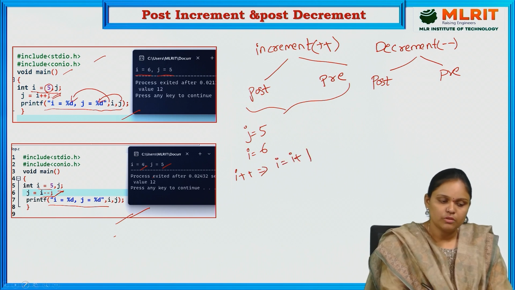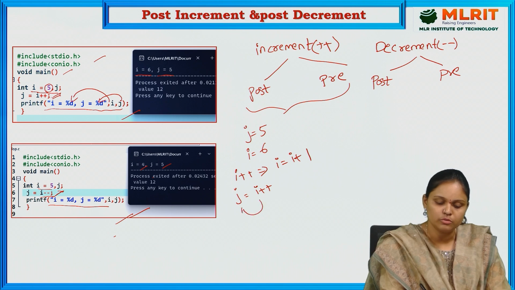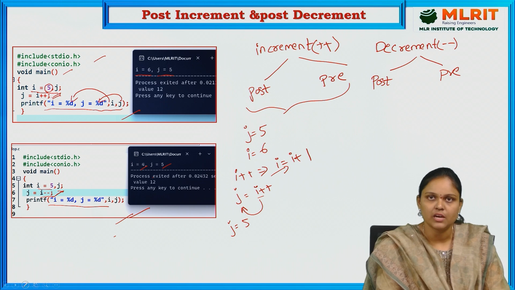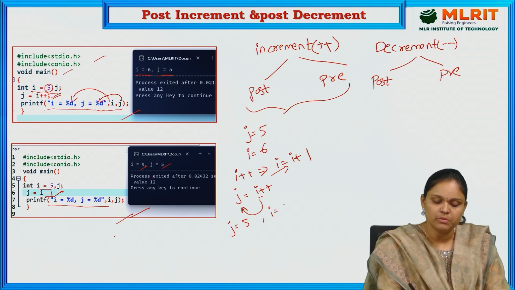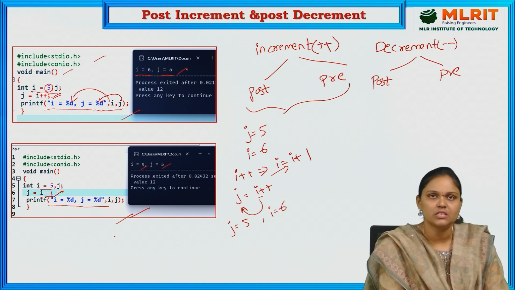So here we are assigning j equals i plus plus. In this post increment, first we are assigning the i value to j, so the j value is equal to 5. Later on, this expression happens: for i, we are adding plus 1 to the existing value, so now the i value will be 6. That is the reason why we have got i equals 6 and j equals 5.